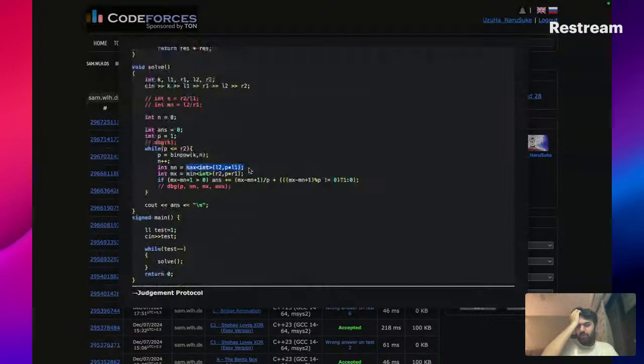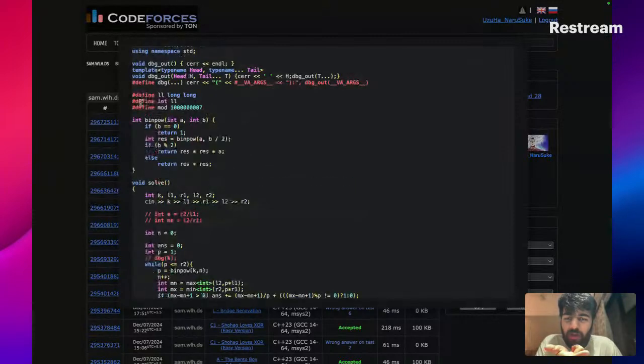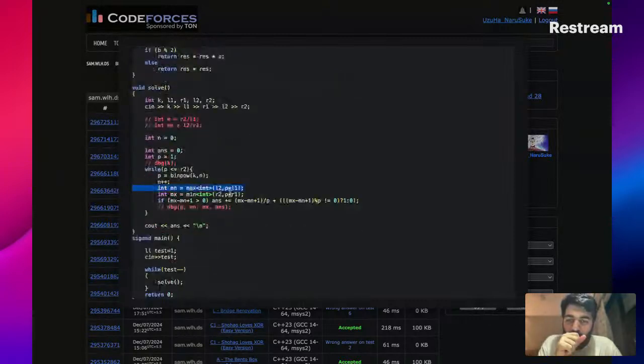This might lead to overflows for you. Actually, my int is long long, I have defined that. Okay, still overflow. Why, I'll tell you.